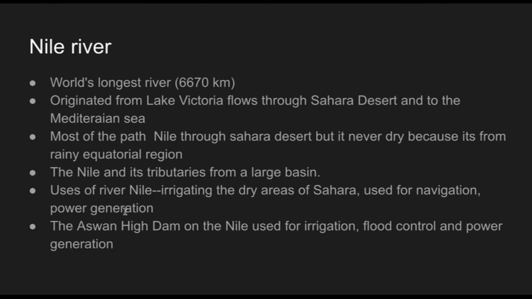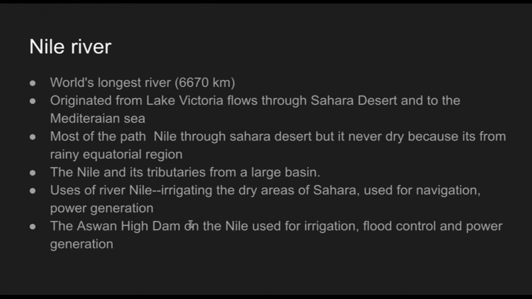One dam is there in the Nile River, that is the Aswan High Dam on the Nile, used for irrigation and also flood control, because dams are another way of controlling floods, and also power generation. So these are the uses of the Nile River: it irrigates the dry areas of Sahara, and it is also used for navigation and power generation.